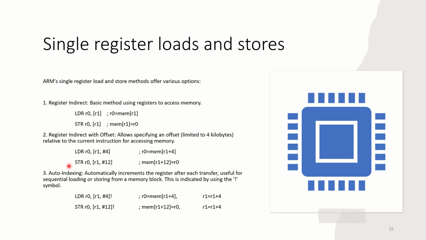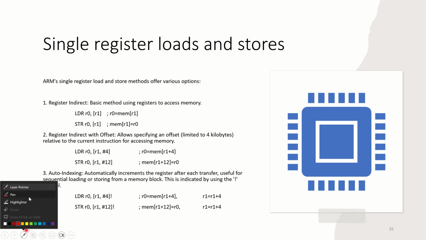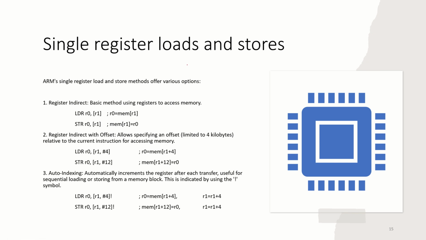So let us look at these things in detail. Single register load and store can be fairly straightforward, what I have discussed as LDR and STR. Let us discuss this once again. So this is the memory. We need to transfer this value into the register.